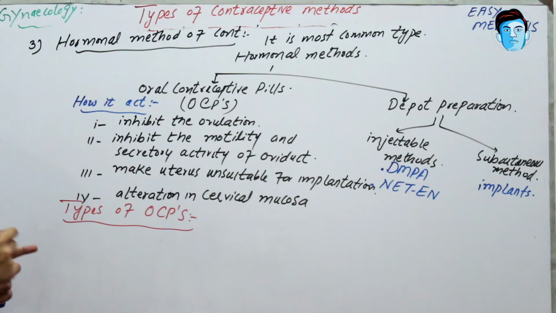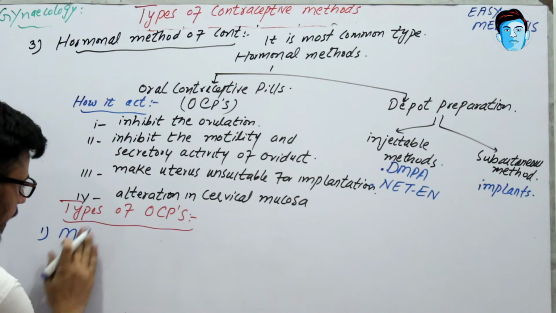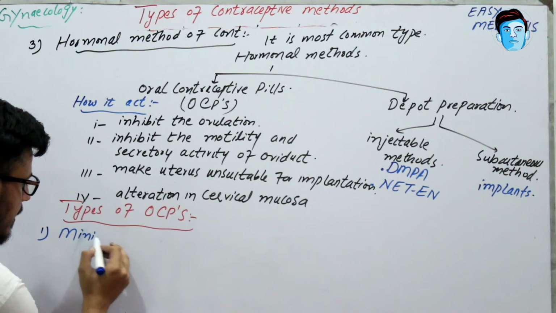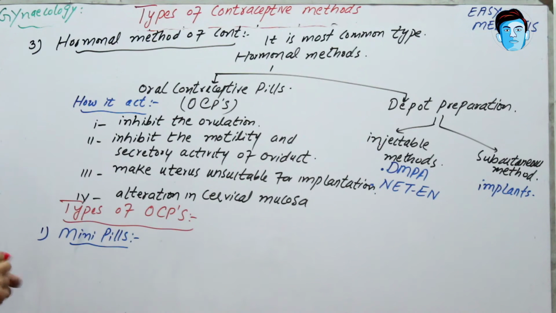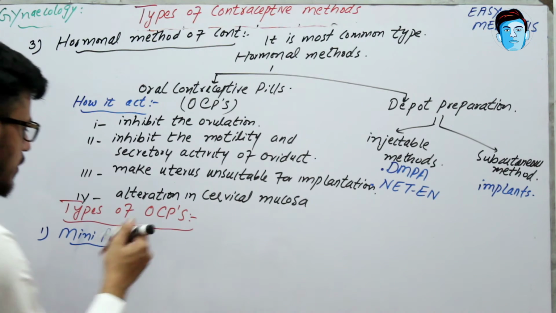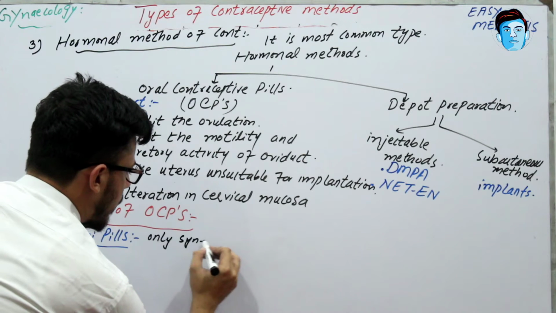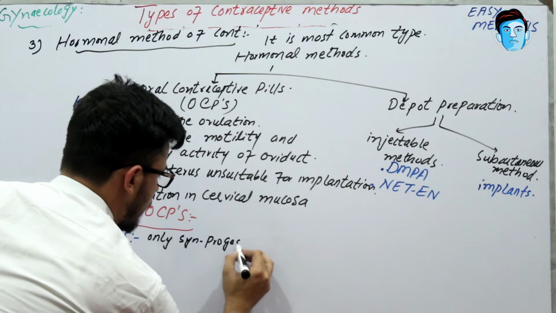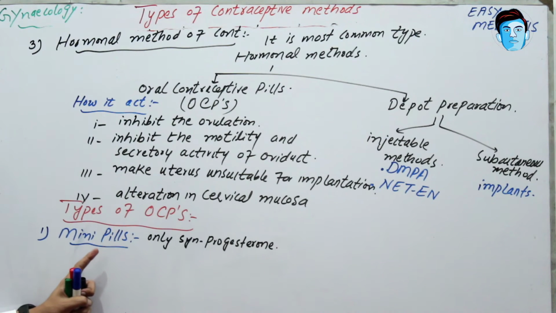The first type of oral contraceptive pills is called mini pills. Mini pills consist of only synthetic progesterone, and that's the reason they are also called only progesterone pills.